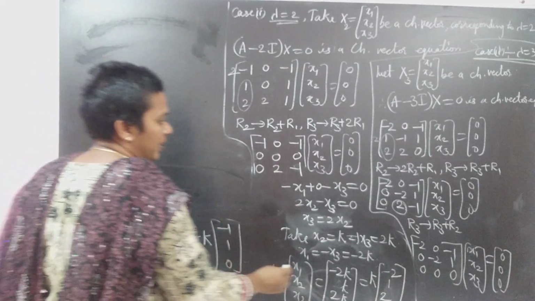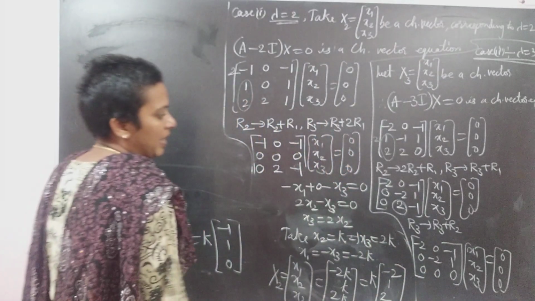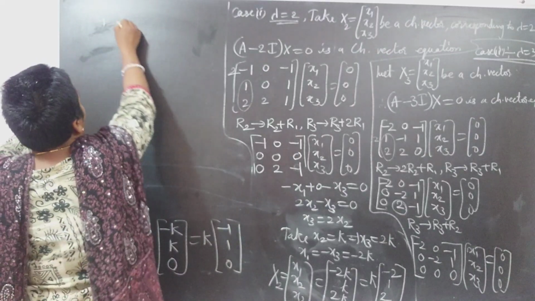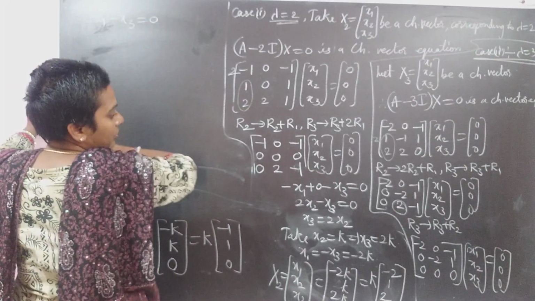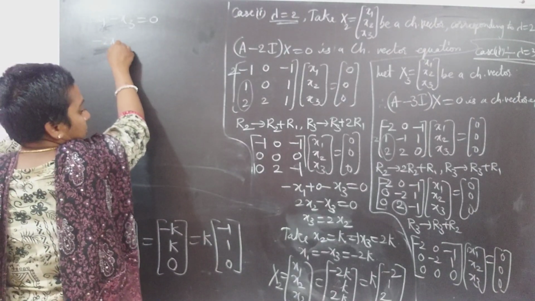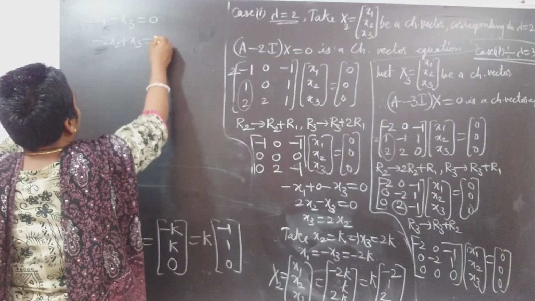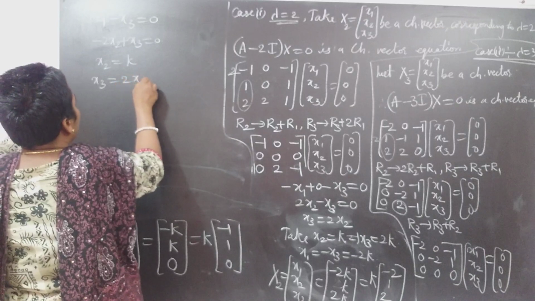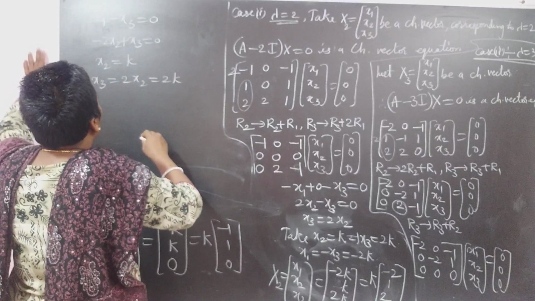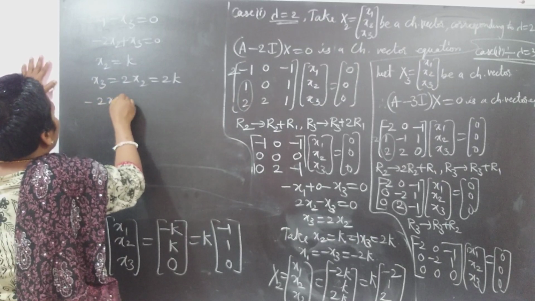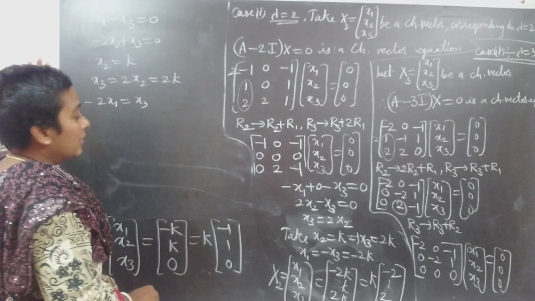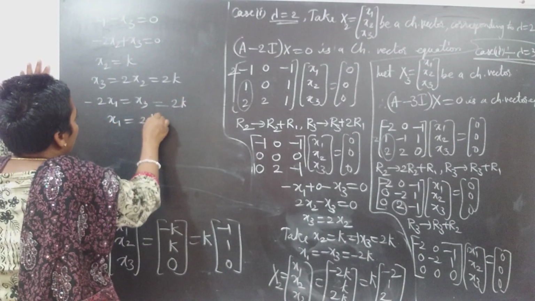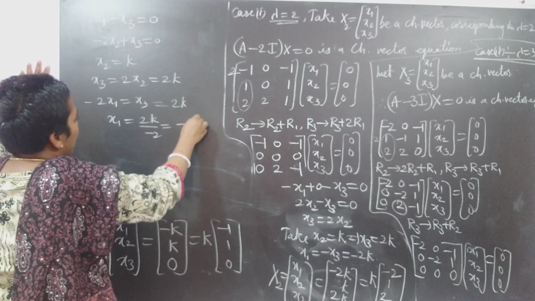Here, for this matrix for case 3, it can be written in linear equations: minus 2x1 minus x3 equal to 0, minus 2x2 plus x3 equal to 0. Here take x2 equal to k, then x3 equal to 2x2 equal to 2k. Then minus 2x1 equal to x3, so x3 is 2k, x1 is equal to 2k by minus 2, that is minus k.